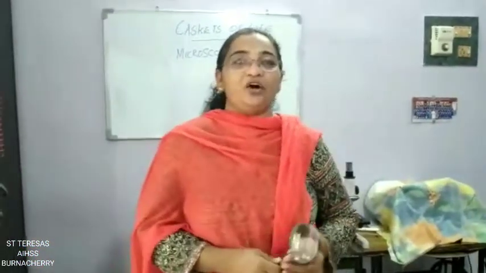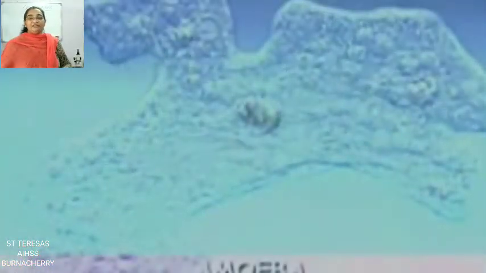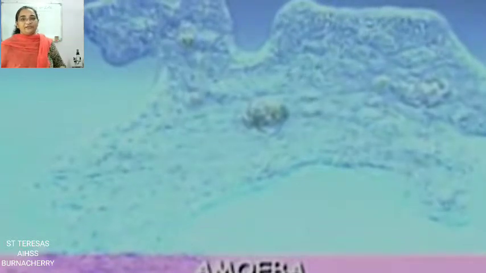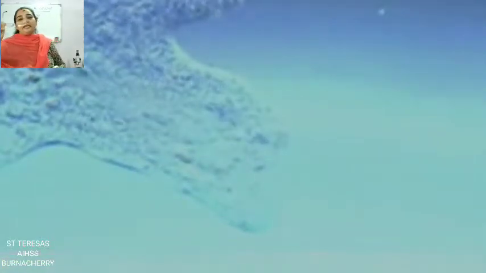Now this magnifying lens cannot be used to see all types of organisms. There are other organisms which are smaller than the ant also, which you cannot see with the naked eyes. What is the meaning of naked eyes? If we are not using any instruments to look at objects, that is called a naked eye. So if I remove my glasses like this, this is my naked eye.